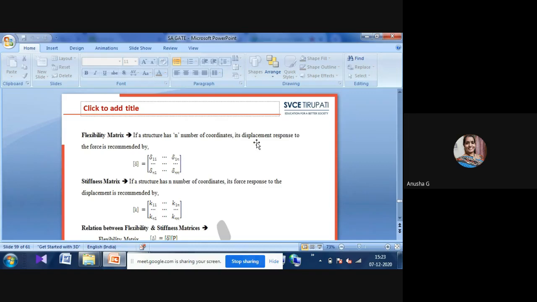The displacement must be in response to the forces. If you take the stiffness matrix, the structure has n number of coordinates, but the response is force. See the difference. Flexibility means displacement response. Stiffness means force response. Here, force is responsible for the displacement; there, displacement is responsible for the force. This is the formula.